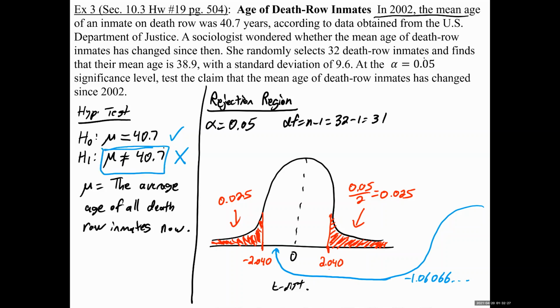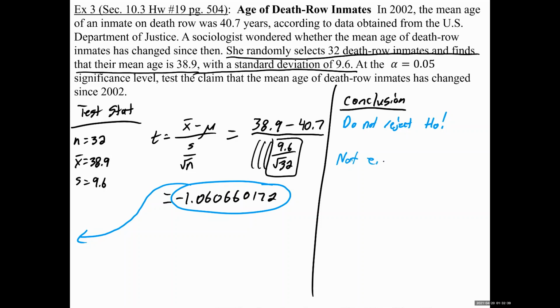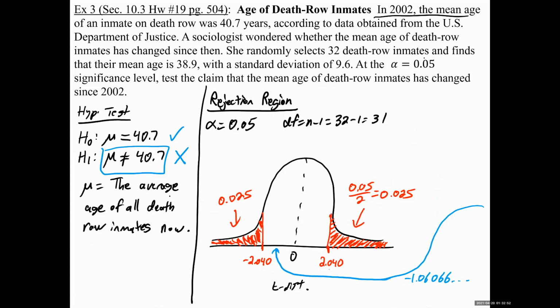But when you write this, write it in words. Instead of writing the symbol mu, write that symbol down. Okay. So let me start off by writing not enough evidence to say. And now I'm just going to write down what H1 is saying. Mu is the average age of all death row inmates now.